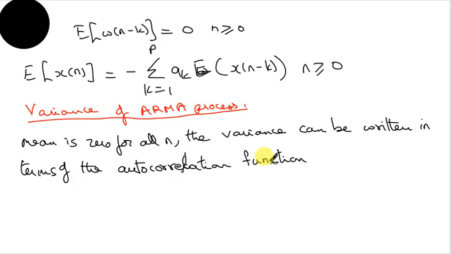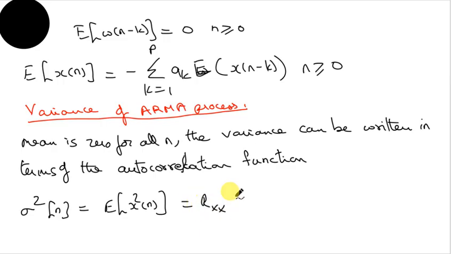Okay, let us say that it is evaluated at time index n. Then I will have sigma squared of n equal to E of x squared of n, which is nothing but our r_xx of n comma n, and this value we will try computing.